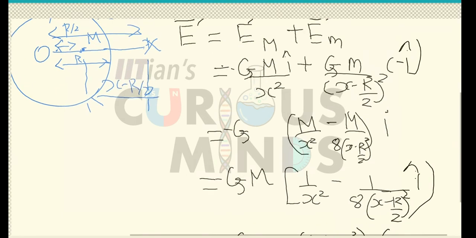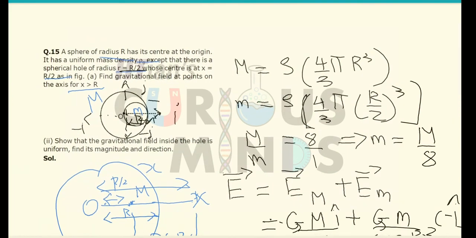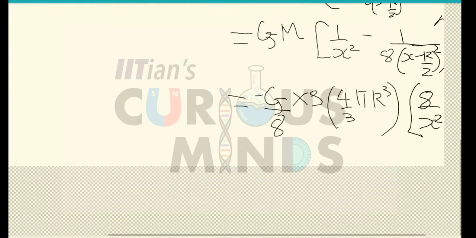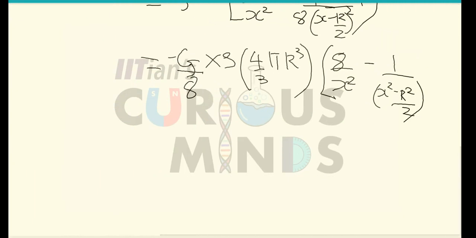Why negative sign? Because the gravitational field always attracts towards the center, so there is a negative sign over here. When I rearrange this part, first of all I will take the negative sign inside this bracket. 4 by 3 divided by 2 is 2 by 3, so it will be equal to pi into G into rho naught, the density being given as rho naught, into r cube divided by 6 into 1 divided by x square minus r square divided by 2 minus 8 divided by x square into I cap.